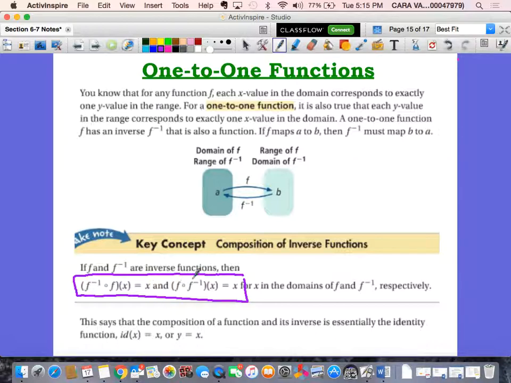And that will go both ways. You're going to take the inverse of the original function, or the original function and then the inverse, and you're still going to get that specific value. So for example, if you were taking f inverse of f with respect to 2, your answer would just be 2. And that's all. If they are truly one-to-one functions, this will work.